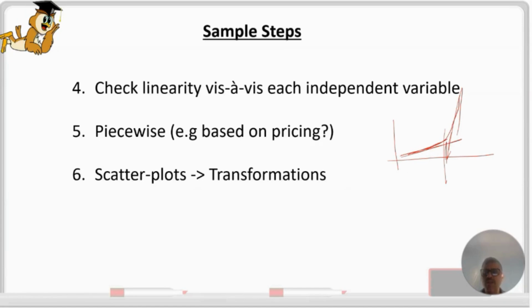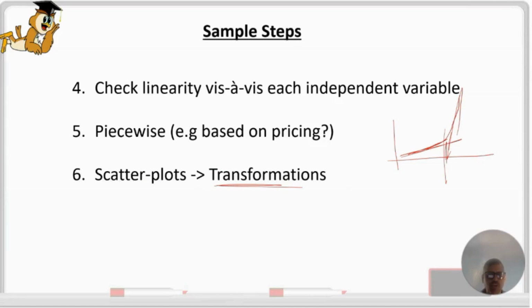You could also look at transformations. Like I said, if you see a quadratic type of behavior, instead of using xi as an independent variable, you could use xi square as the independent variable, so that you have a linear relationship. So some sort of transformations can also be considered, and this is the place to consider those transformations.